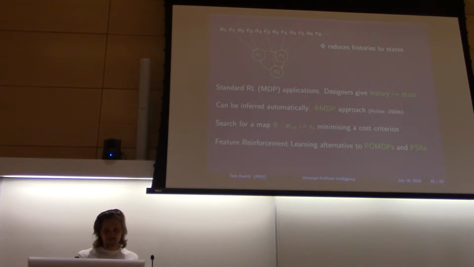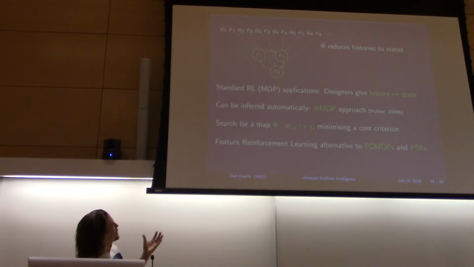When we're using a robot with some standard RL and MDP application, then as designers we tell the agent this kind of percept means this kind of state, perhaps a GPS signal or something like that. And the feature reinforcement learning approach, or the PhiMDP approach, is that we should let the agent infer this map from histories to states automatically.